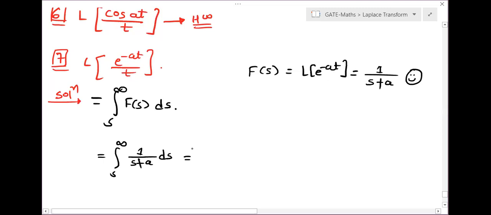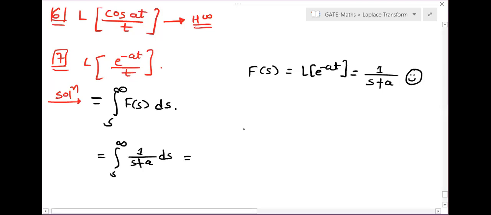So whenever there is e to the power minus at in the question, in the answer you will have s plus a only, that is its reverse. For minus you will have s plus a, for plus a you will have s minus a, either using the formula directly or using it in the first shifting property.